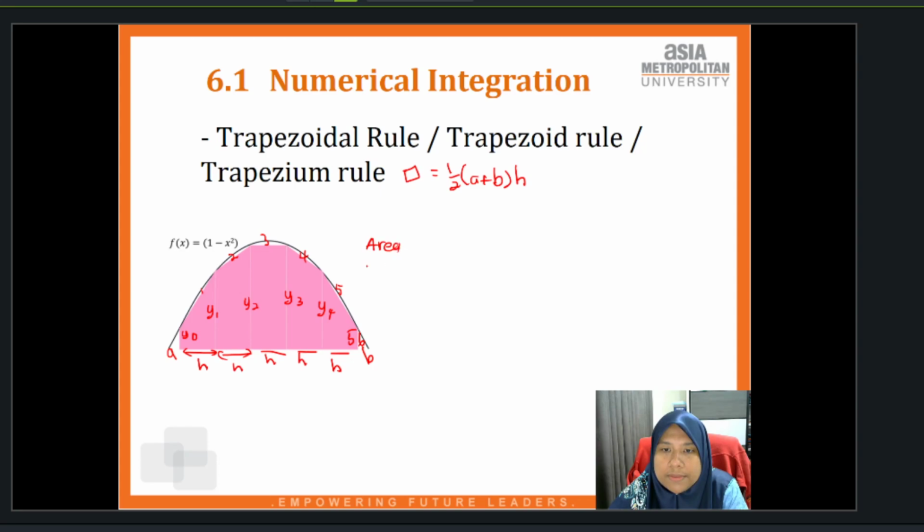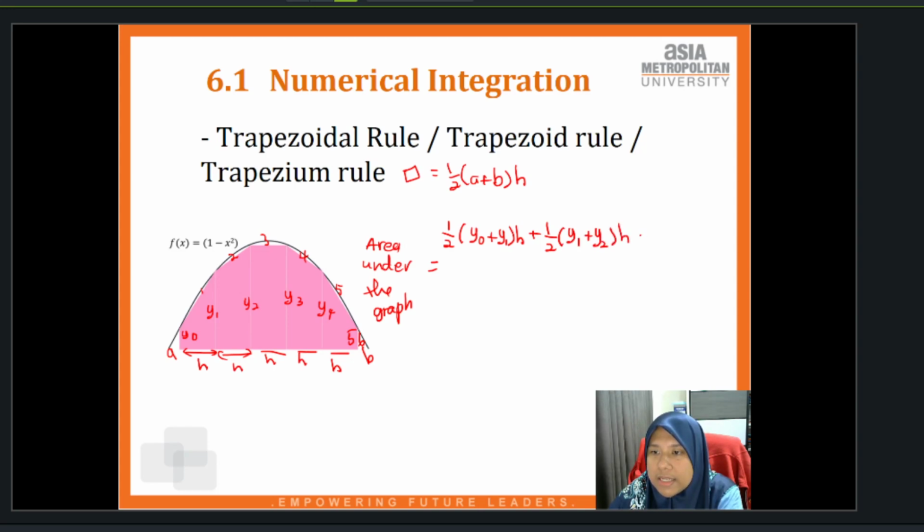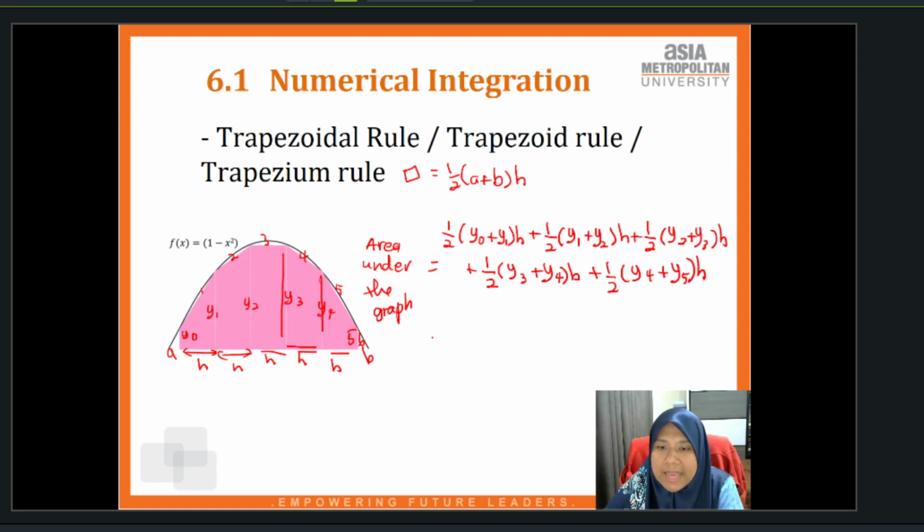So the area under the graph is equal to, let's find the first trapezium: 1 over 2 (y0 plus y1) multiplied by h, plus 1 over 2 (y1 plus y2) h, plus 1 over 2 (y2 plus y3) h, plus 1 over 2 (y3 plus y4) h, and then the last one, 1 over 2 (y4 plus y5) h.